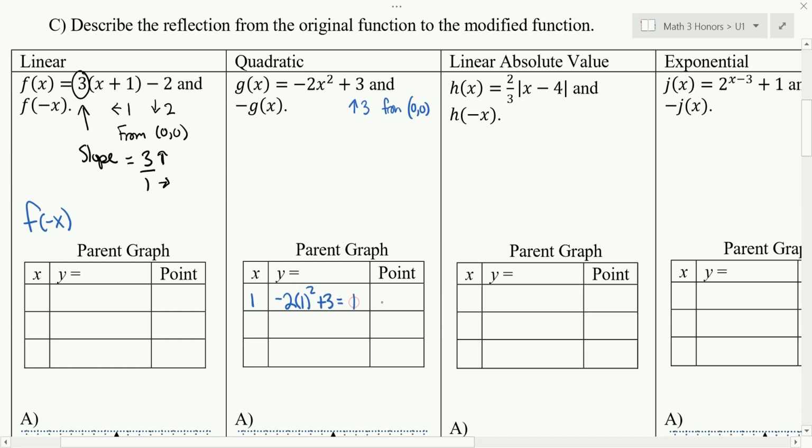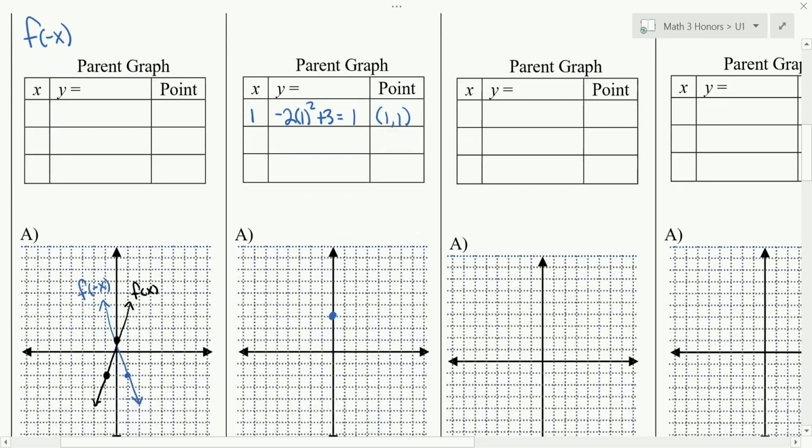So I have the point (1, 1). And that's the right side, and that's enough information because there's symmetry. And I could put this over here. Right? I got my parabola.